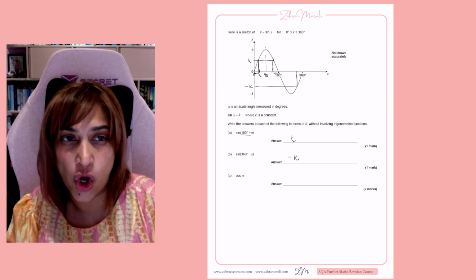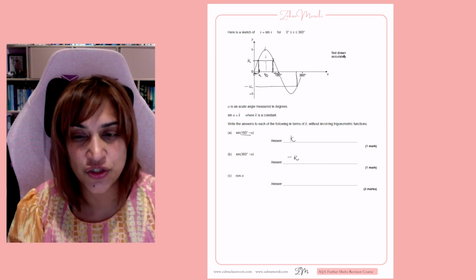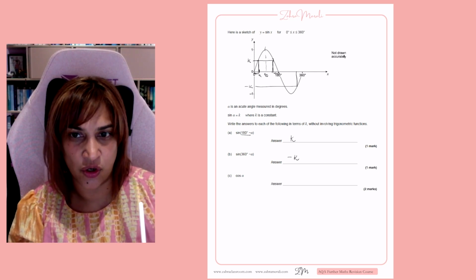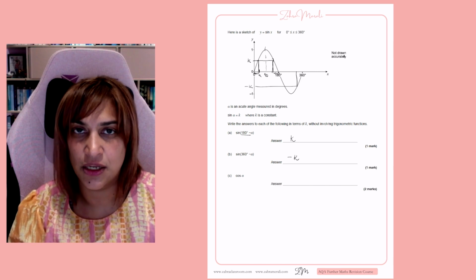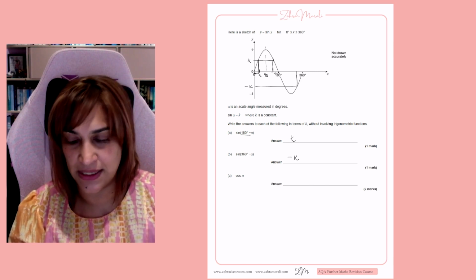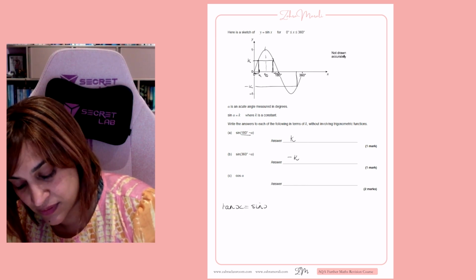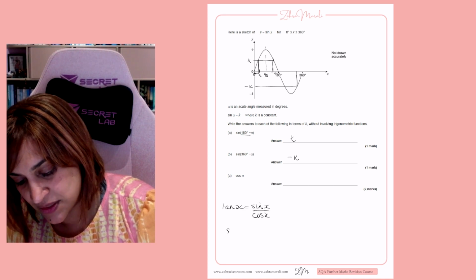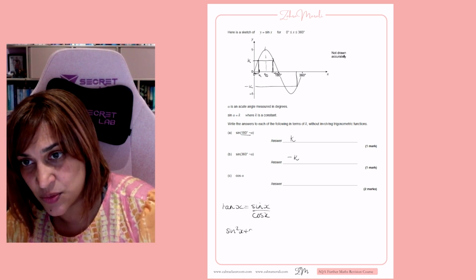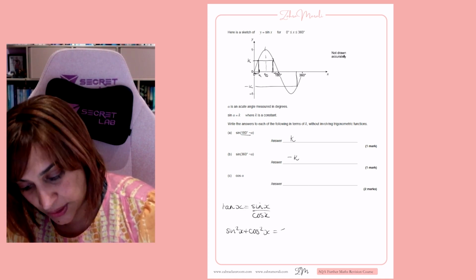And then cos of alpha, so what's your connection between cos and sine? So what we need to know is we've got some rules. We've got tan x, we said, was sine x over cos x. But your connection between sine and cos is sine squared plus cos squared equals 1.